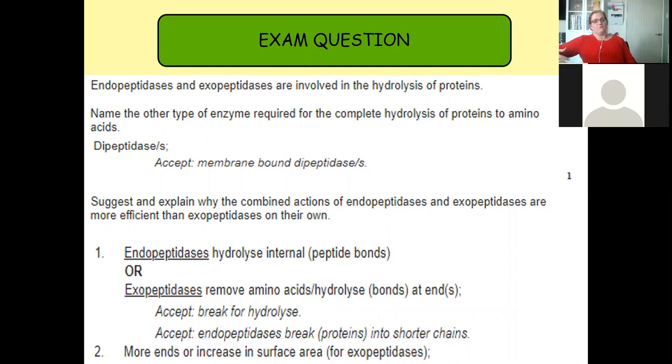If we increase the surface area, we're able to get in and break them down more. That makes it a lot more efficient, a lot quicker. If we just used endopeptidases on their own, it would take a long time to work our way out. Similarly, if we used exopeptidases, it would take a long time to work our way in.